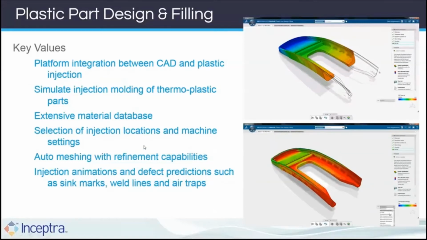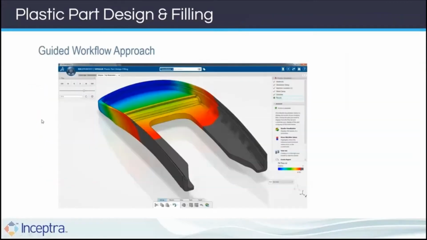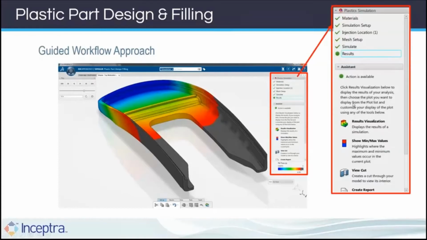So that's a nice new application. And again, it's driven from a designer or engineering standpoint from this wizard approach. We have a part on the screen, and we go through, define materials, set up the simulation and injection locations, and mesh, and then simulate and solve it in the background, as you can see here.